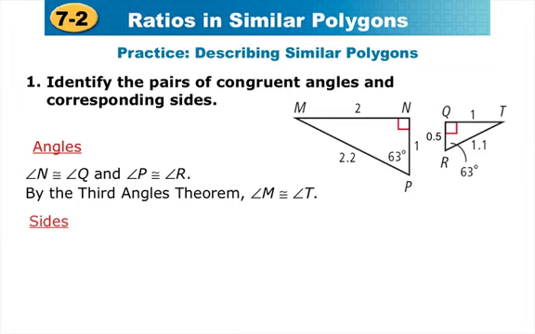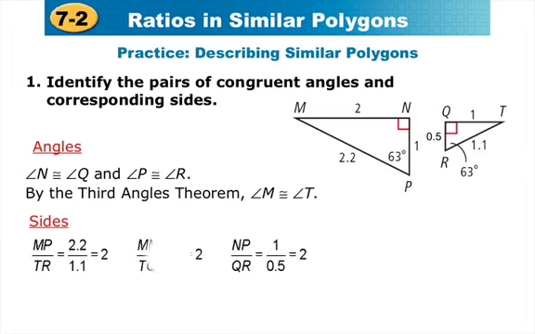Now let's go to the sides. You should be able to follow. Let me just highlight. So you have MP corresponds to, notice that this is the hypotenuse. The hypotenuse corresponds to the other hypotenuse, and that's why you have MP over TR, and once you write the ratio, you end up with 2. And then MN corresponds to TQ. Why to TQ? Because look at the three sides.